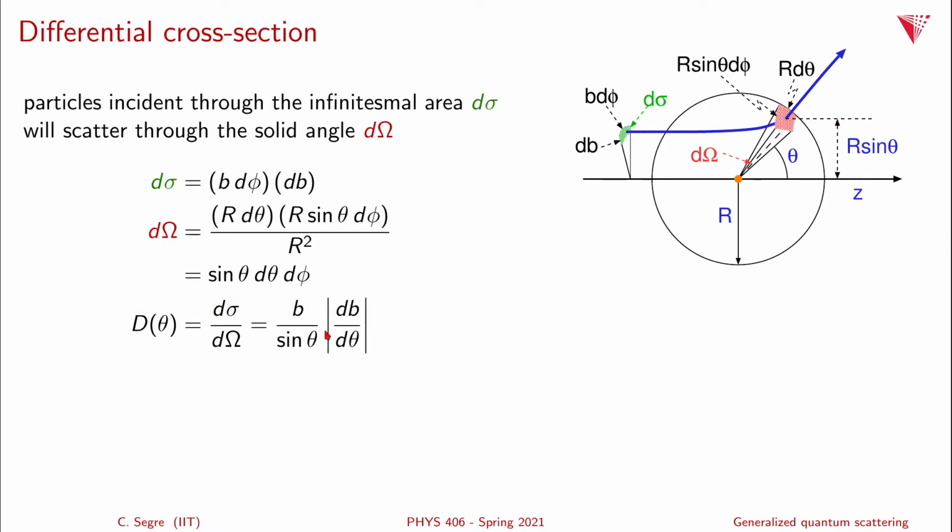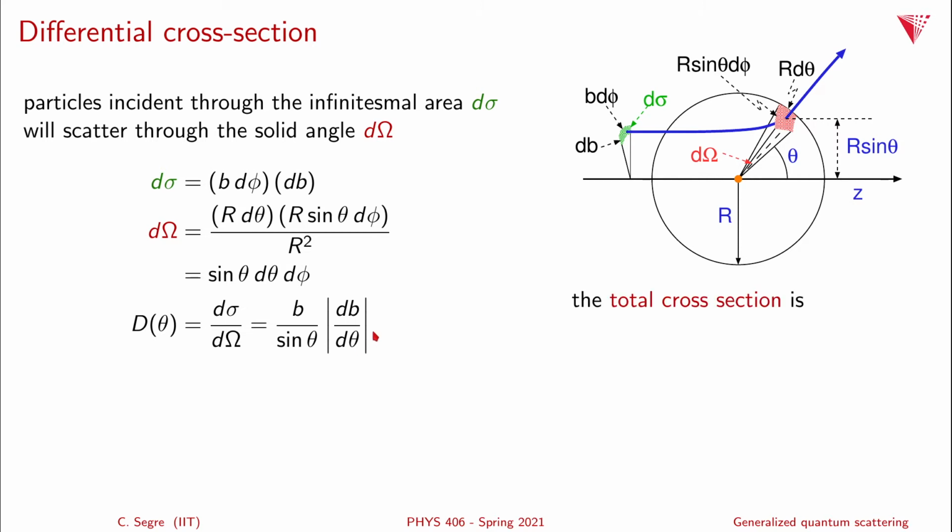And we can just write down what this is. dσ is b db times dφ. And here we have sin θ dθ dφ, and we cancel out the dφs, and we're left with b over sin θ, divided by the absolute value of db dθ.